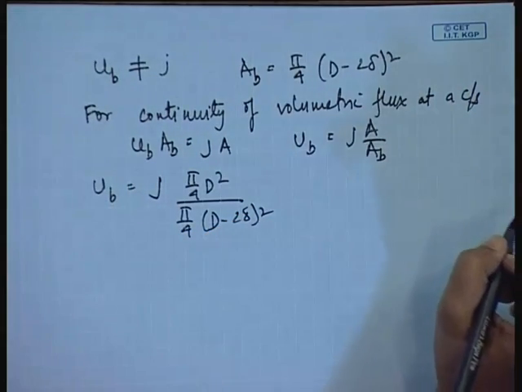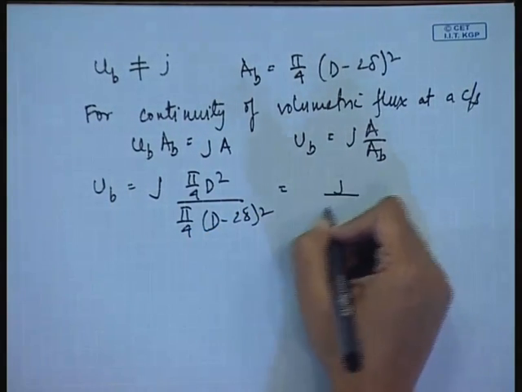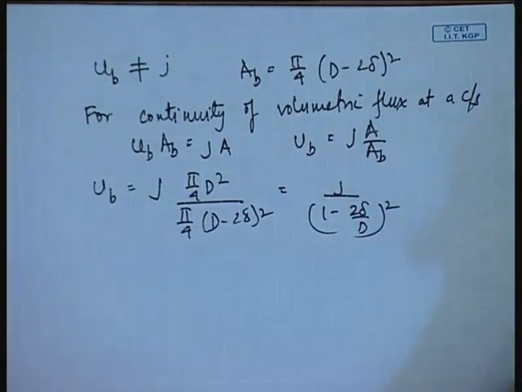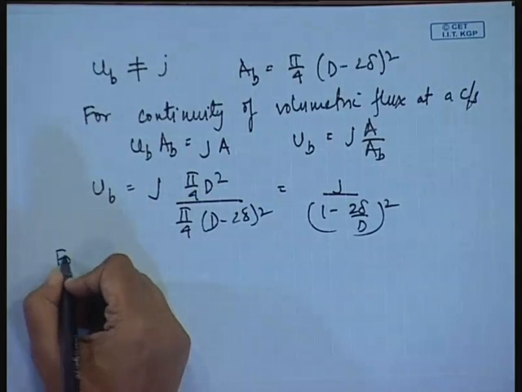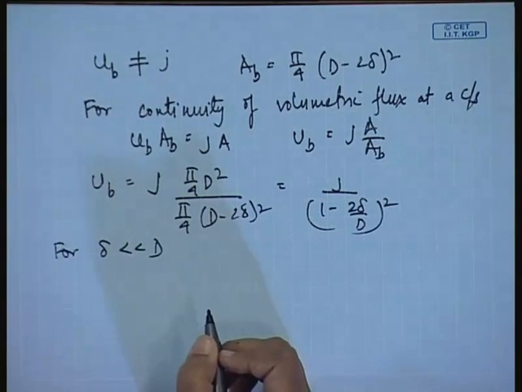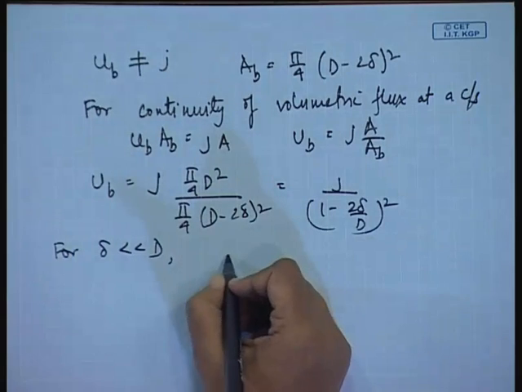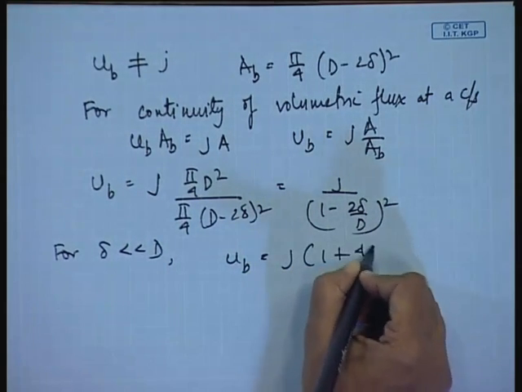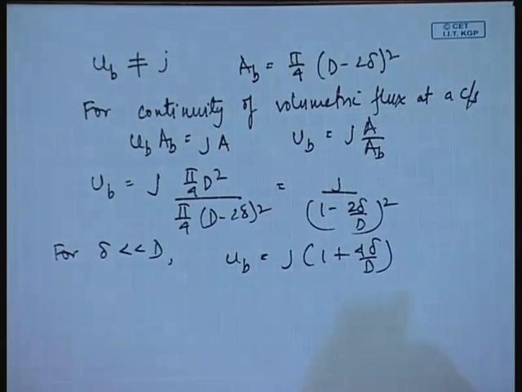Yes or no? Or in other words, this can be written as J by 1 minus 2 delta by d whole square. Now, usually what do we know? We know delta is much less than d. We know it. For that particular situation, these things we have been doing for a long time, this can be written down in this particular form. Yes or no?